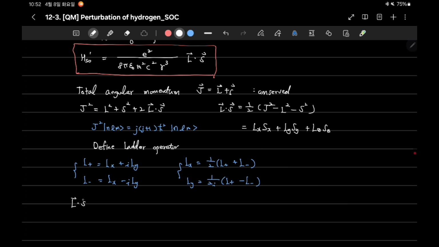So when you substitute, L dot S comes from here: L_x S_x is 1/4 (L plus plus L minus)(S plus plus S minus), and L_y S_y is minus, because we multiply 1/2i two times, 1/4 (L plus minus L minus)(S plus minus S minus), and also L_z S_z can be defined.